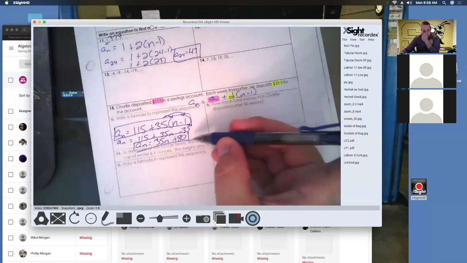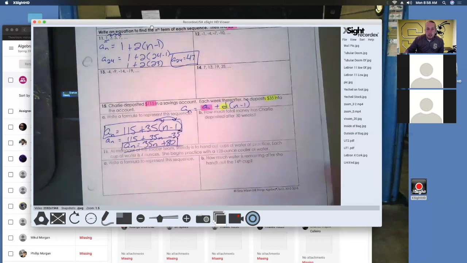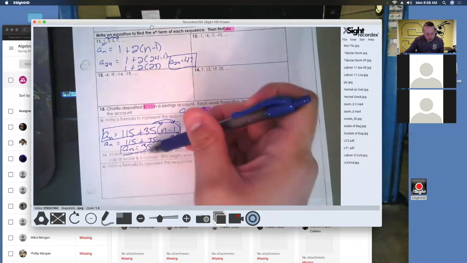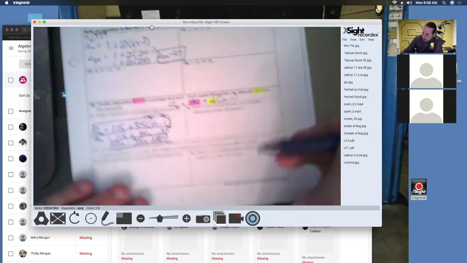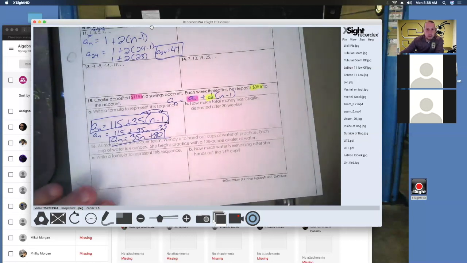This is the more simplified answer. But either way, if we want to find the next answer for 30 weeks, we would just plug 30 into one of those n's. Since the first part doesn't ask for a specific amount, you just write out the whole equation. They just want to know what the formula is.